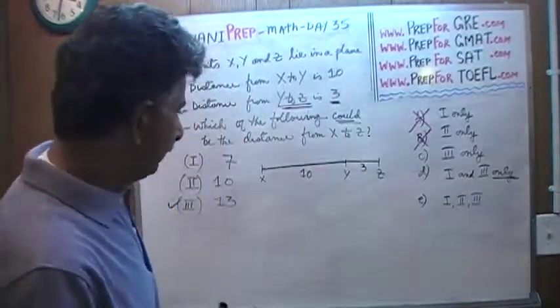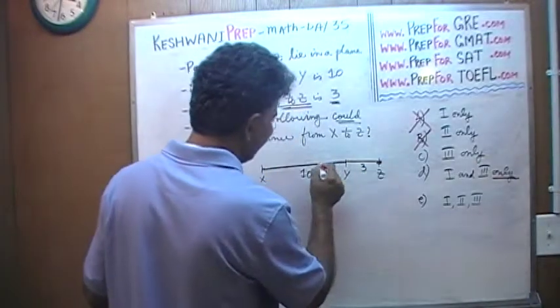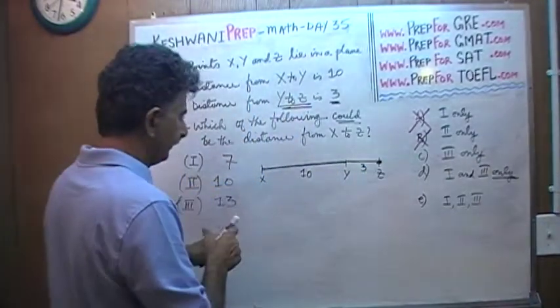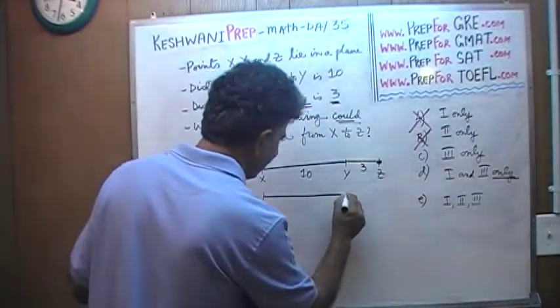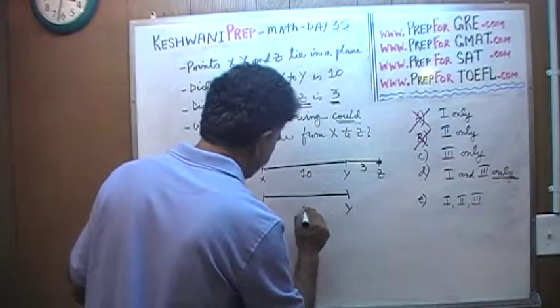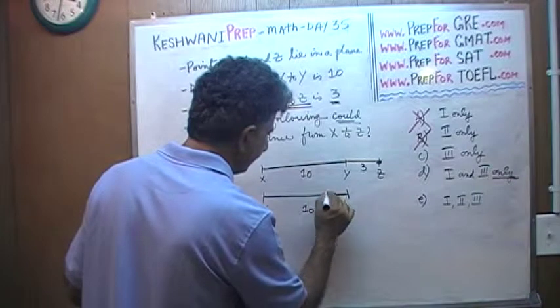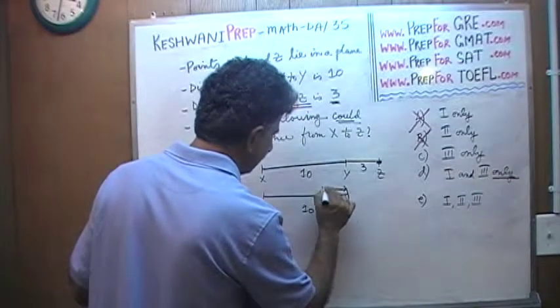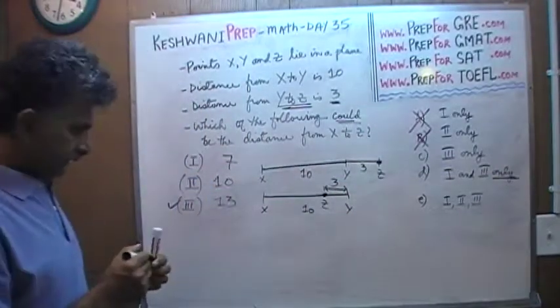Another scenario would be to bring the Z, instead of putting the Z here, bring the Z over here. Where is your X to Y? This is 10. And instead of putting Z here, let's put the Z over here. So now Y to Z is still 3, but in the other direction.